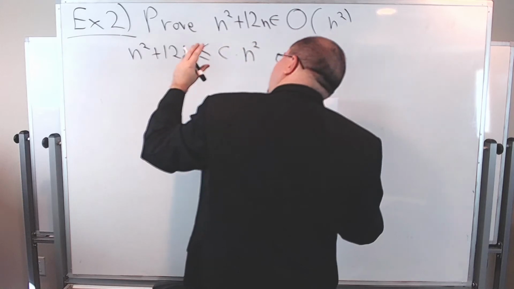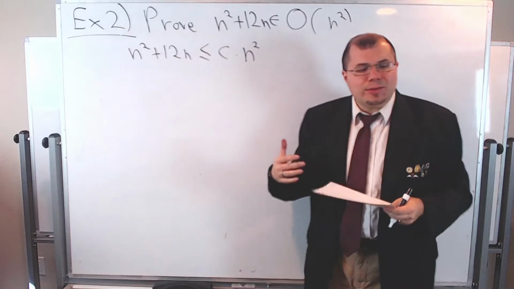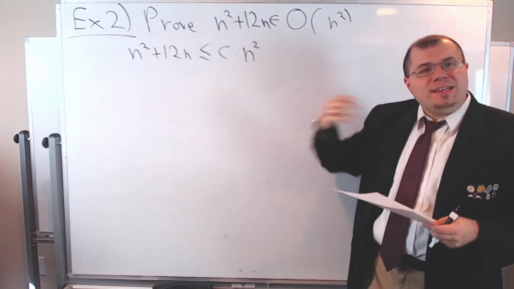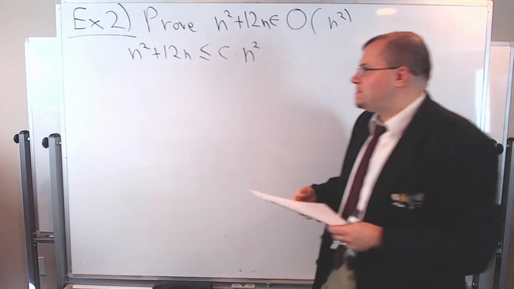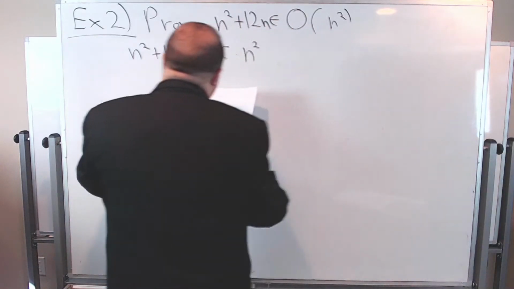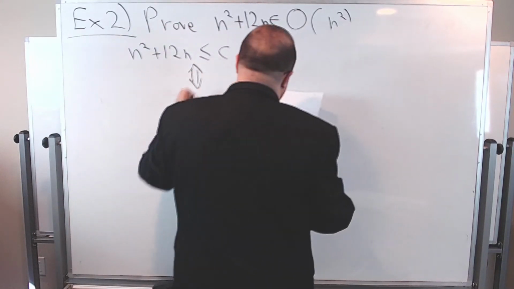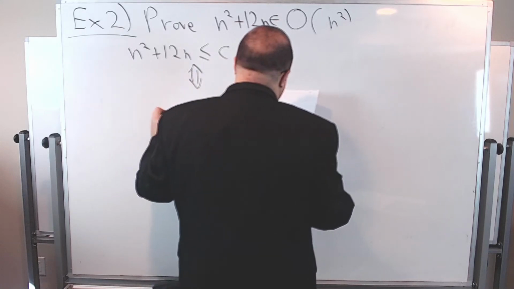Now remember, I just told you that you'd write words to attach to the inequalities. I'm just doing some scratch work with you so that you can see how C and N0 operate with respect to these two functions. So I'm just going to do an algebraic manipulation. Let's move n squared.